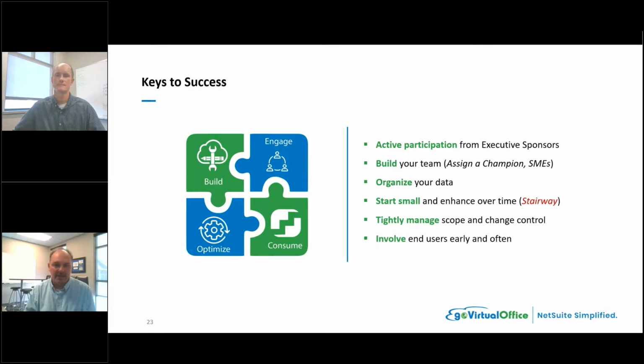And then you want to manage what we're asking for in phase one. You want to keep tight control over scope and change, because anytime scope and change expands, the project timeline extends out, and normally costs go up. And then get the end users, the people who will be using the system, engaged in the process very early.